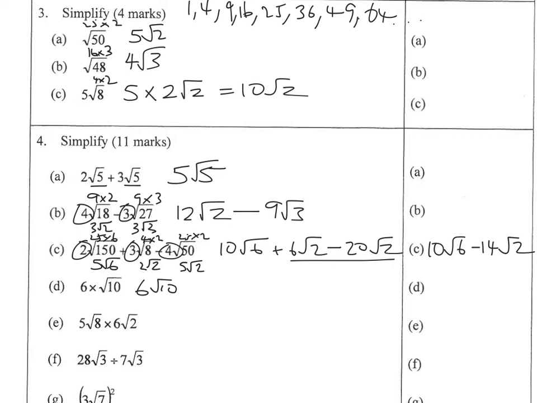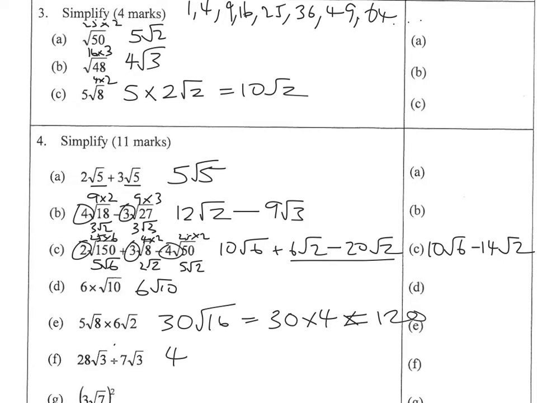Alright, E. Multiply the integers first. 5 sixes are 30. Third, 8 by 2 is 16. Square root of 16 is obviously 4, which gets us 120. F. Division of the integers first. 28 divided by 7 is 4.